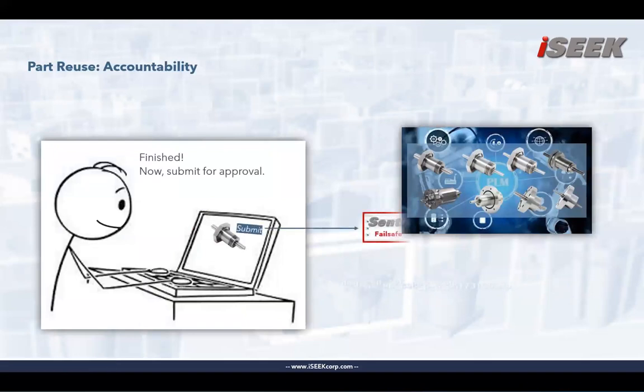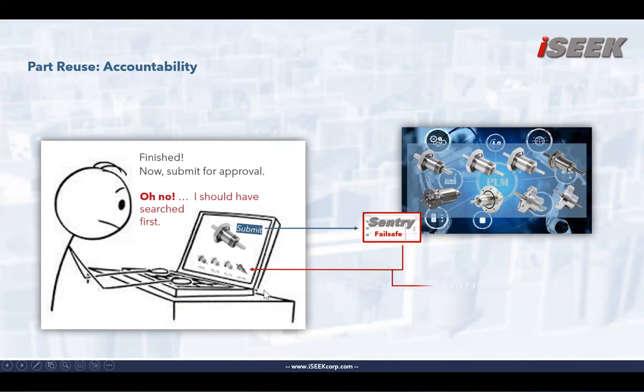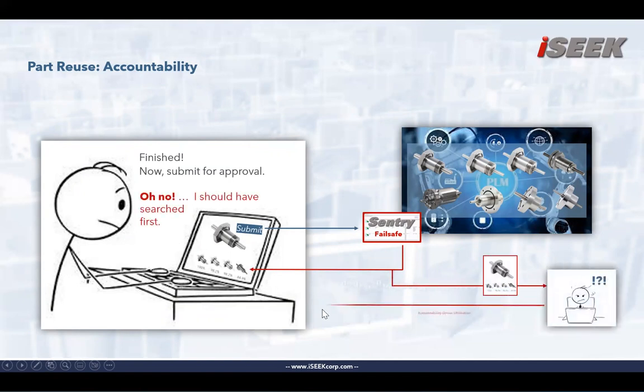They submit it to the PLM. The API intercepts the submission and performs a geometric search. And when it finds highly similar models, it can provide feedback both to the designer as well as to managers. This feedback loop creates accountability and therefore drives utilization of the search tools.